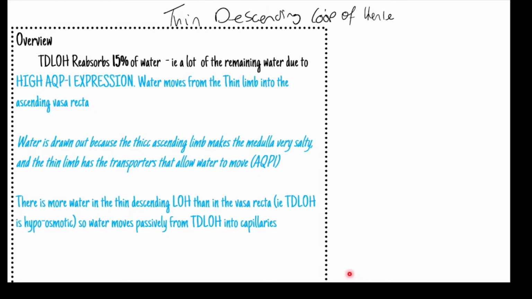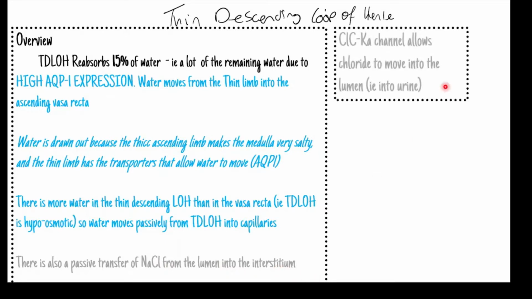Okay, so we've now covered the main bulk of the stuff you need to know about the thin descending limb of the loop of Henle, but just for completeness, there's a few other kind of irrelevant things you could be aware of as well. So one thing is that there's passive transfer, a little bit, of sodium chloride from the lumen into the interstitium at the thin descending limb.